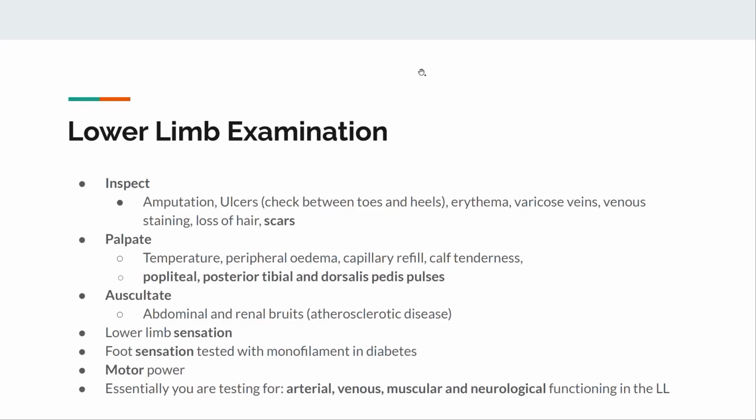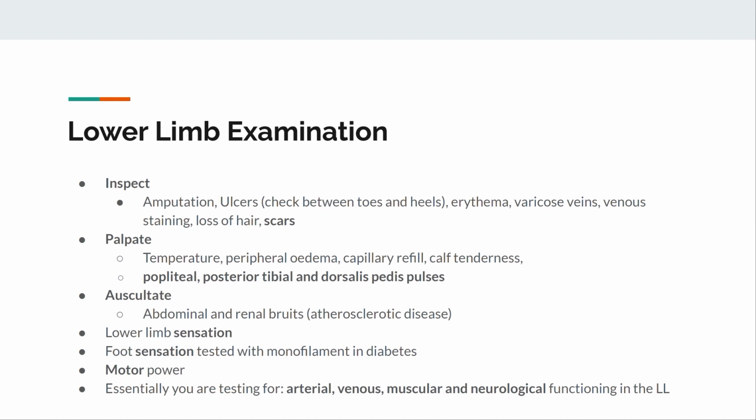The lower limb examination has been a problematic OSCE station in the past, but basically just make it up as you go. Be systematic. Inspect, palpate, auscultate, and then get them to do special movements. In terms of inspection, look at the skin. Look for ulcers, amputation, redness, varicose veins, venous staining, loss of hair, scars.